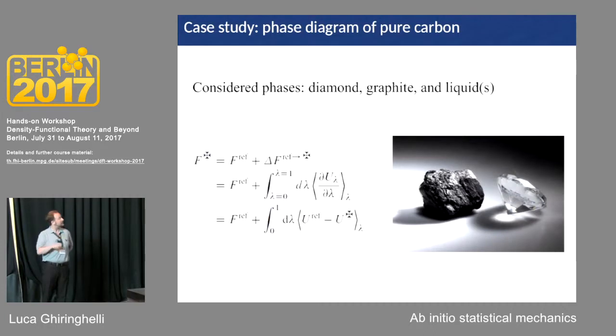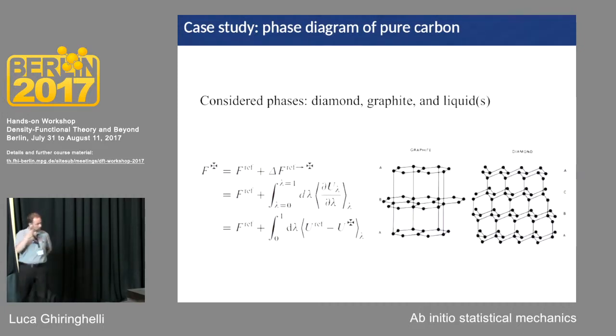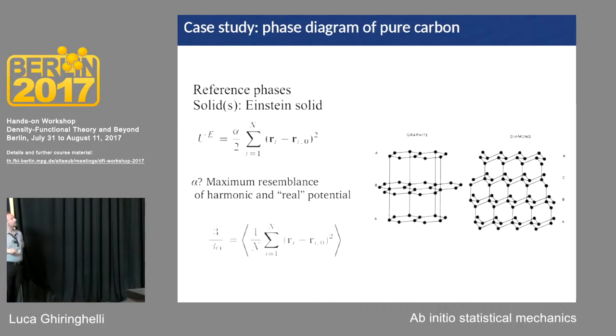So the free energy is this one from a reference to the final state, where the reference is some Hamiltonian for which we know the free energy. So for the condensed phase, okay, this is again the same plot. We want to go from graphite to diamond and then include also the liquid phases.